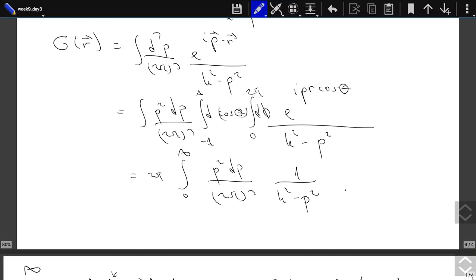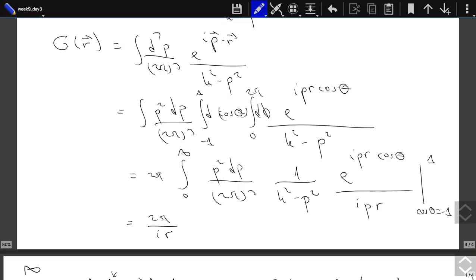And the cosine theta integral just gives me e to the power i p r cosine theta divided by i times p r, with cosine theta going from minus 1 to plus 1. This is equal to 2 pi over i times r.